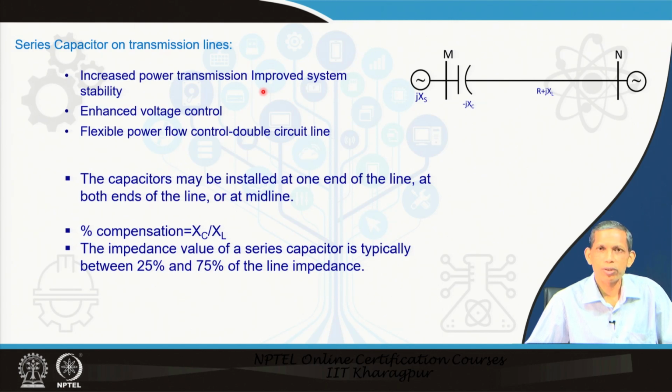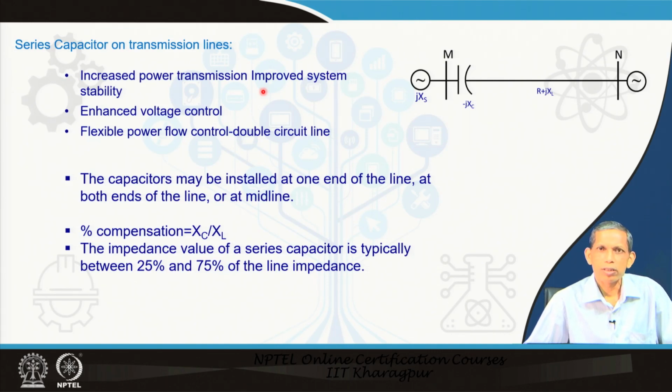Flexible power flow control: if you have a double circuit line and series compensation in one of the lines, then if you switch on the series compensation, that line will carry more power than the other one, or if you have a controllable capacitor, you can control as per the requirement.